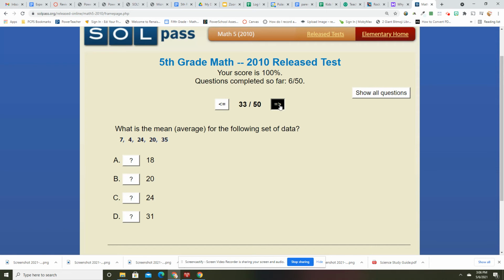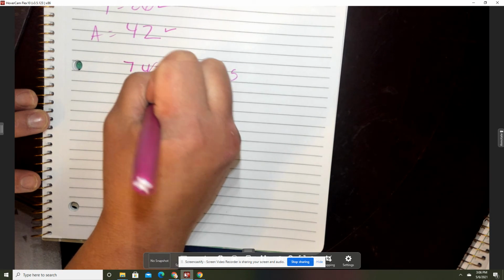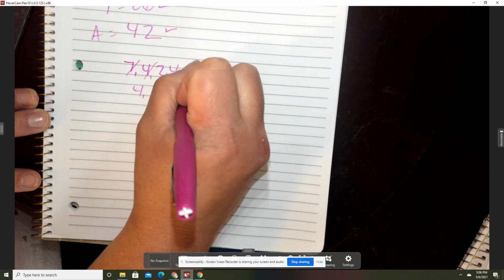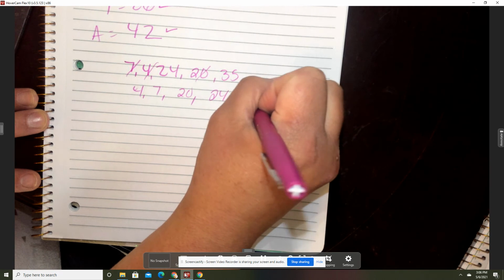The mean. Now, this one you are going to be allowed to have a calculator. So if we're trying to figure out the mean, remember the mean is the average. So we're going to put those in order. So I need 4, 7, 20, 24, and 35.